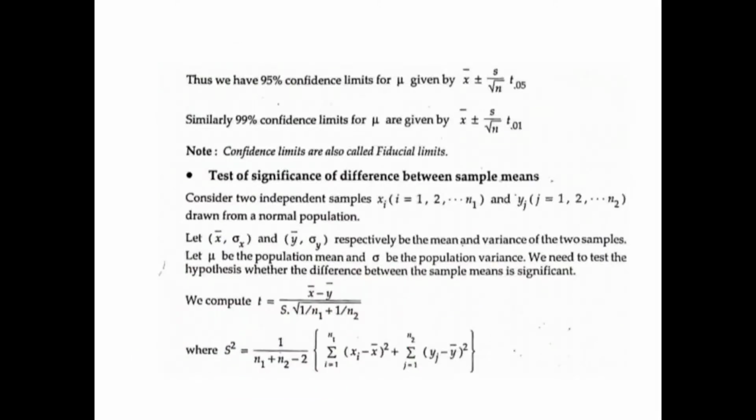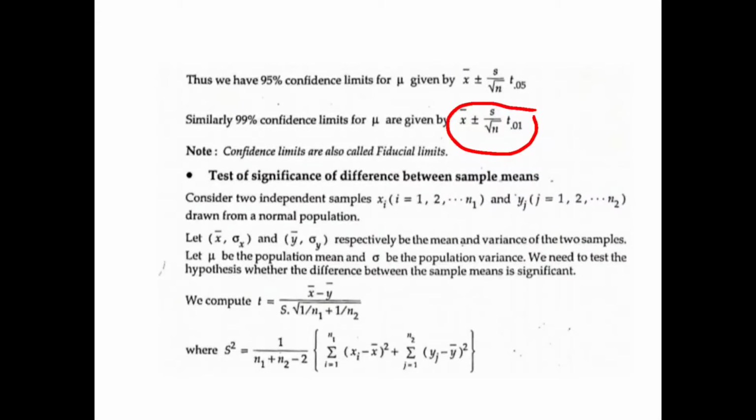So we can write it in the simplest way: x bar plus minus s by root n into t 0.05, that is the critical value, is the confidence limit under 95%, taking 5% significance level. And by taking 1% significance level, the confidence limits for the population mean mu are given by x bar plus minus s divided by root n into t 0.01, that is the critical value at that particular point.